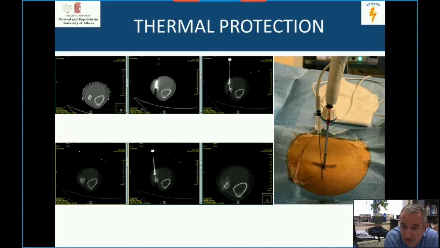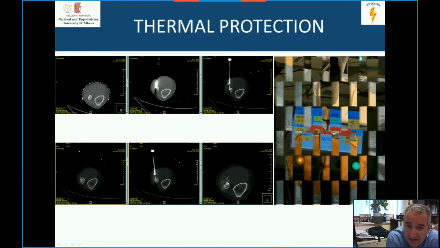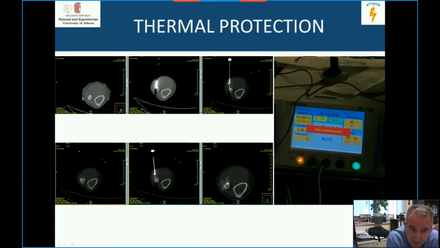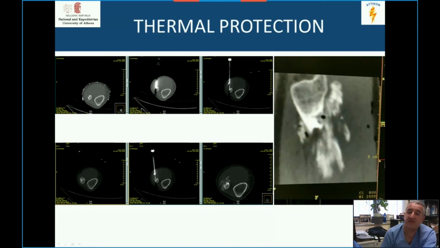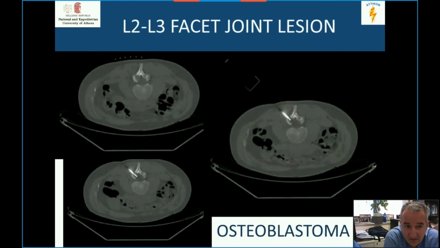Right next to it, a second needle, we injected dextrose 5% mixed with contrast medium in order for our solution to be visible, and the whole ablation process was performed under continuous monitoring of the temperature and monitoring of the neural function with evoked potentials. And this is the final result with very good ablation and application of all these protective techniques.